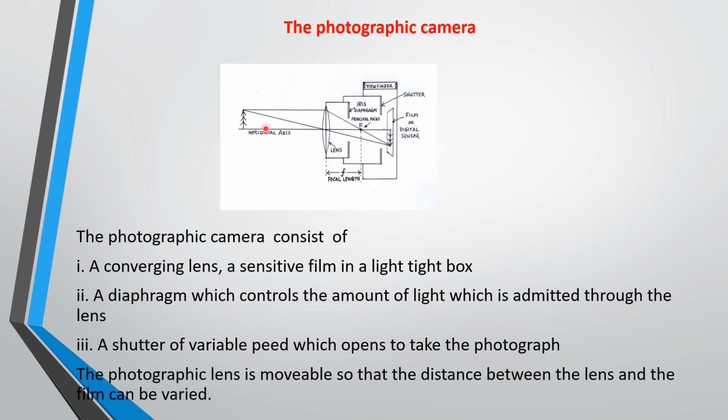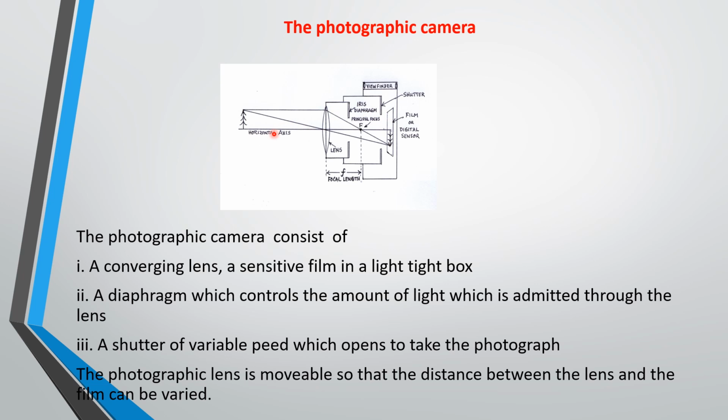A camera typically has a lens, and then it has a sensitive film that is inside here. This is the film. Then it also has a diaphragm. The diaphragm controls the amount of light that enters into the camera. Then there is a shutter, a shutter of variable speed that opens up when you want to snap a picture.